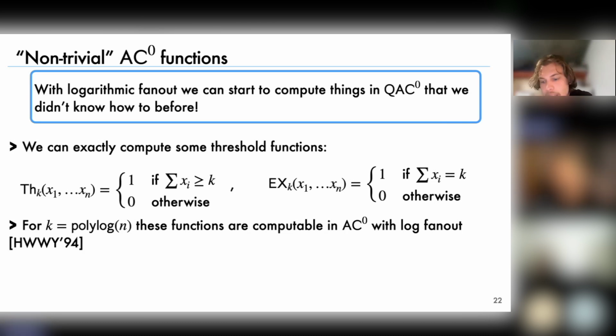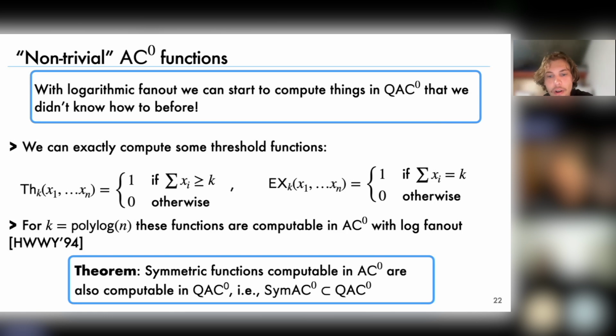What this means is we can use this construction from the previous slide, this refining of Rosenthal's construction, to implement log size fan out gates. From there, we can directly simulate this construction of these AC0 circuits. I believe this paper is by Hastad, Wegener, Wurm, and Yu from 1994.